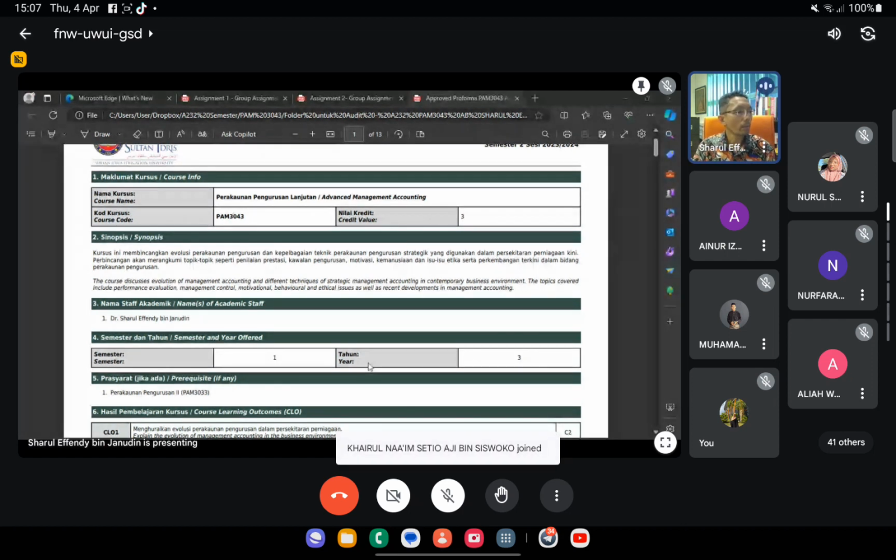The topics covered include performance evaluation, management control, motivational, behavioral, and ethical issues, as well as recent development in management accounting. For recent development, we will try to look at what are the latest tools. Is there any development, any changes made towards the existing tools?